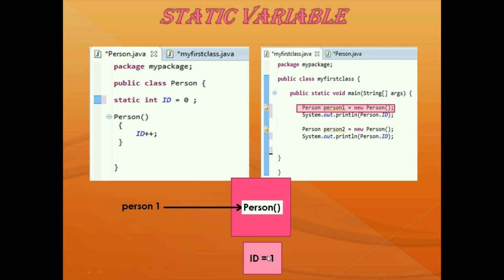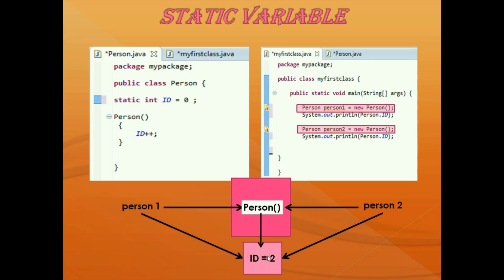So when you have another person2, the reference variable calls the constructor again, and this time id becomes 2 from 1, because there is a single id variable that is maintained for all the objects, no matter how many objects we have created.